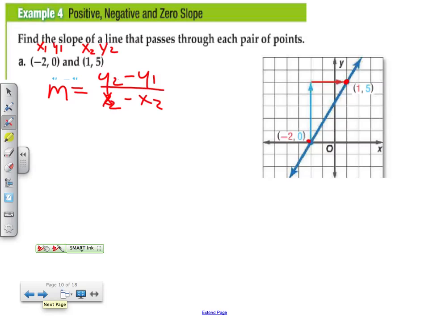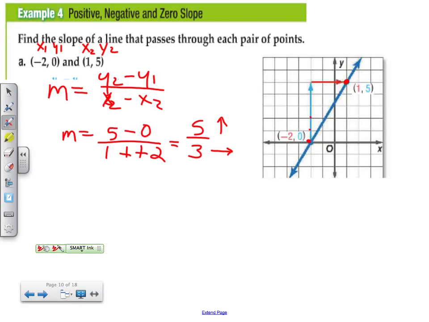Okay, so y sub 2 is 5, so m will equal 5 minus 0, y sub 1, over x sub 2, which is 1 minus a minus 2. Plus down here, so I get 5/3. So the slope of this line is 5/3. That means I go up 5 and over 3. Up 1, 2, 3, 4, 5. This is 5 and over 3.